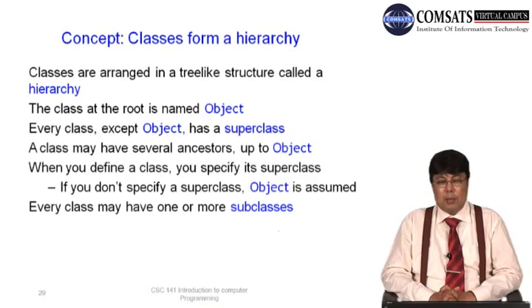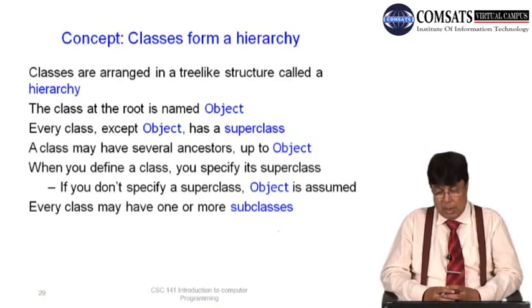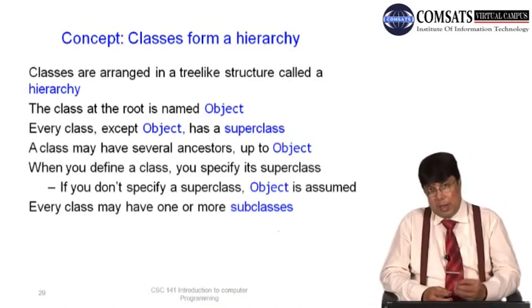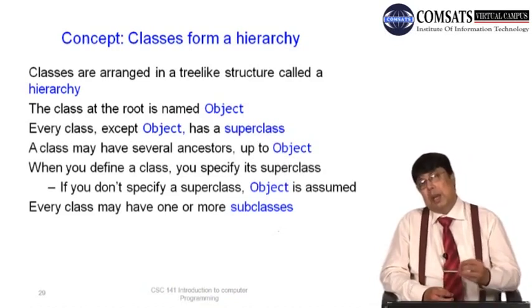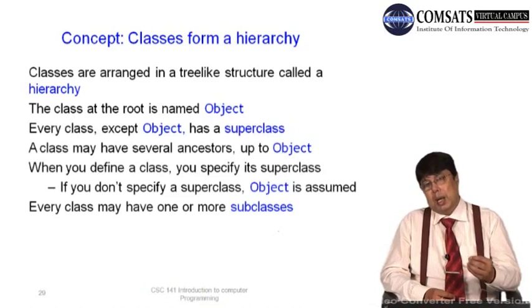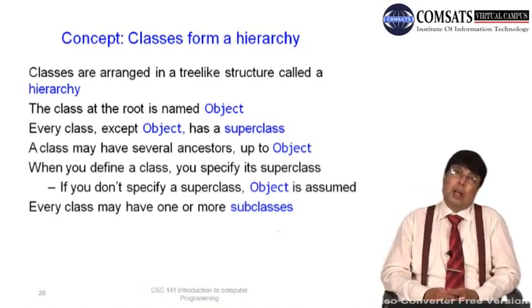Then every class except Object has a superclass. When we have a class, we may have a superclass also, and a class may have several ancestors up to Object. So when you are going to create an object, that object may inherit from one class and from the parent class, from the super parent class, or from the superclasses.